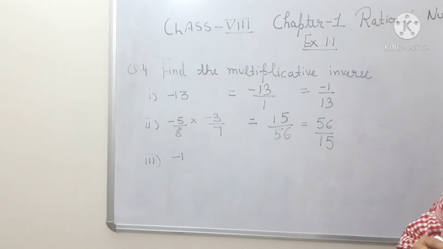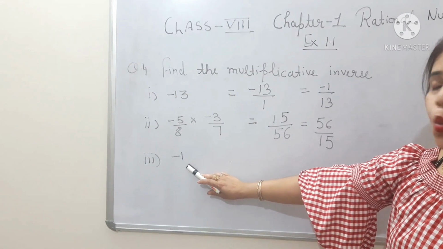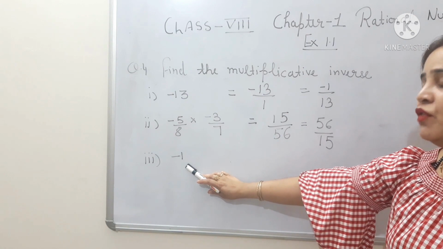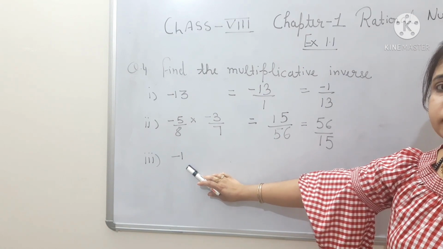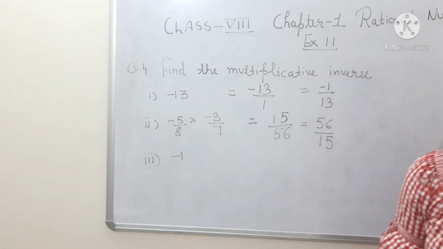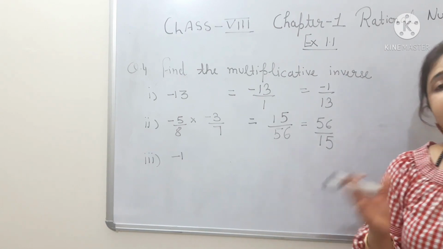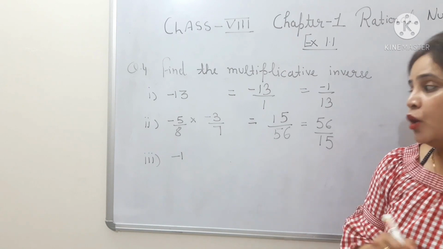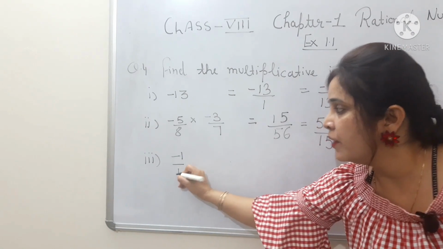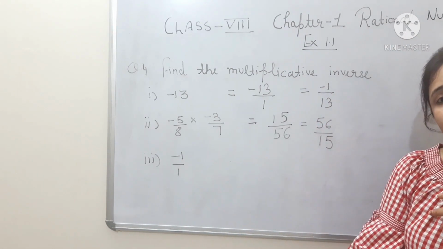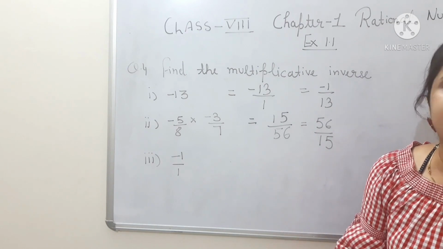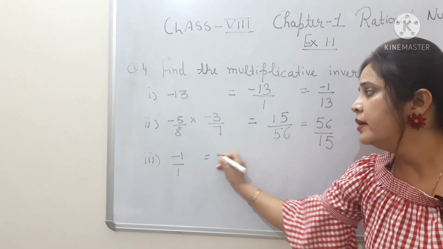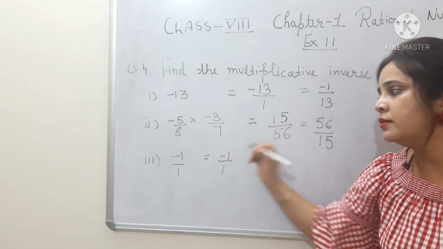Okay. So now, in the next third part, what is the multiplicative inverse of minus 1? Yes, minus 1 is the only number whose multiplicative inverse will be minus 1, because minus 1 upon 1, if we do the reciprocal of it, again we will be getting minus 1 upon 1.